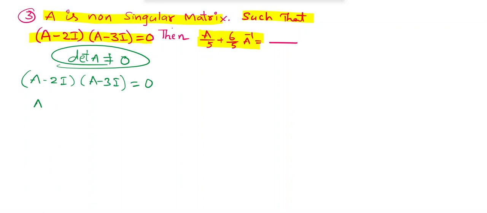Multiplying these two, that is A square minus 2IA minus 3IA plus 3 into 2, 6I square, is equal to 0.